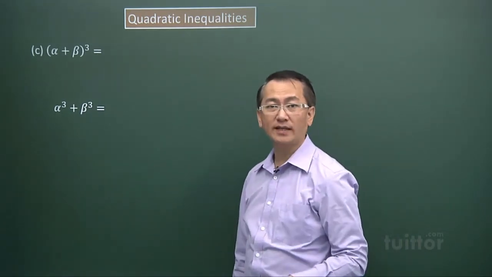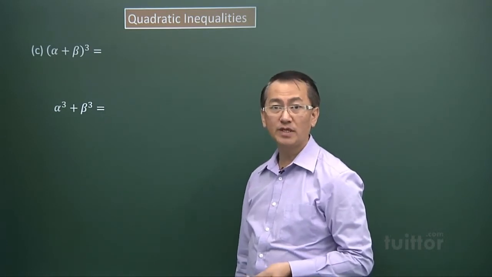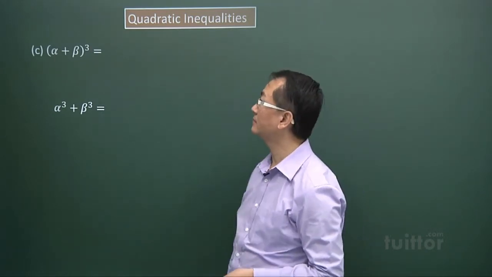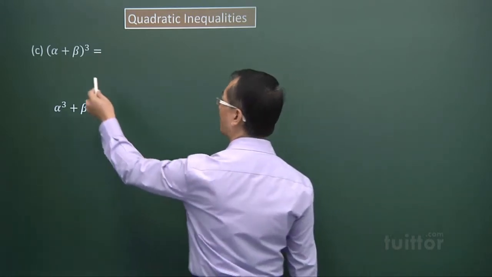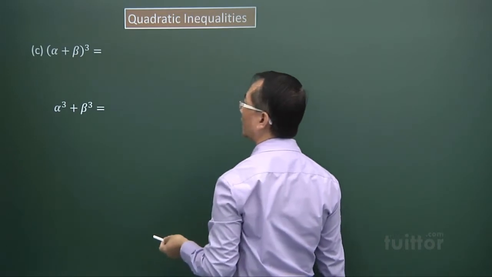For the next one, we may want to tie in with binomial expansion. You have the sum of the two roots, bracket cube.